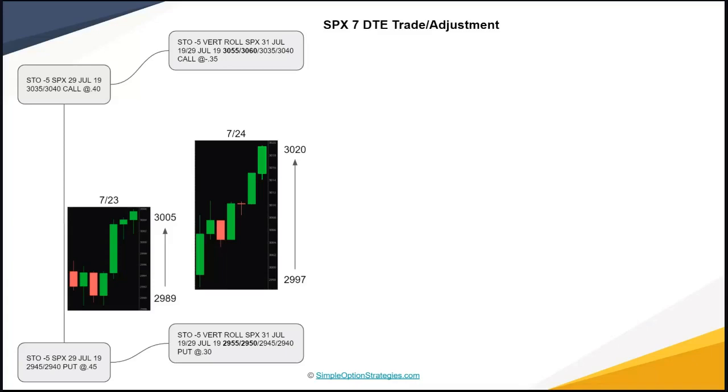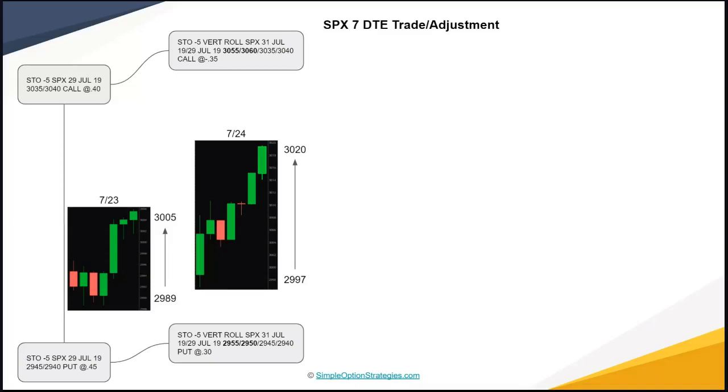You adjust for risk. Keep that in mind. Okay. So you don't want a breached trade. And so that trade, if I would have tried to adjust it for a credit, I probably would have been 5 points above instead of the 20 points that I used, right, to manage risk. But the bottom one, you notice that I rolled up.